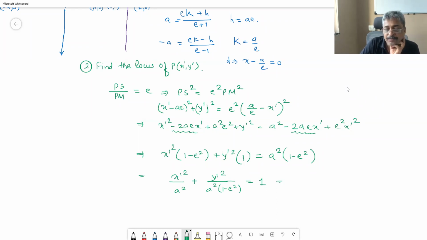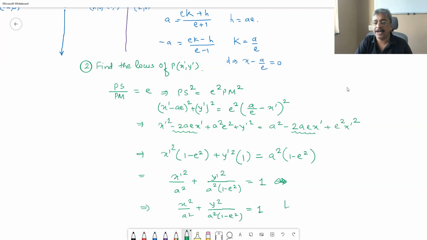And then we will say, of course, replacing x' by x and y' by y, we get the desired locus: x squared upon a squared plus y squared upon a squared (1 minus e squared) is equal to 1. Let a squared into (1 minus e squared) be equal to b squared. We introduce a new quantity called b.